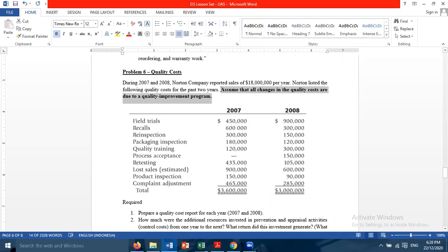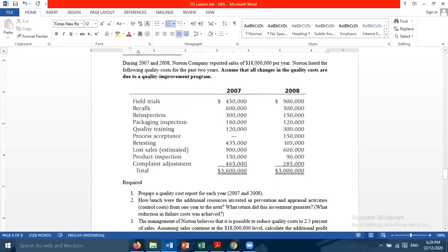Okay, so here we are asked to assume that the difference in the cost of quality from 2007 to 2008 is due to a quality improvement program. Okay. So first we are asked to prepare a quality cost report for each year. Next, how much were the additional resources invested in prevention and appraisal activity from one year to the next, and what return did this investment generate?